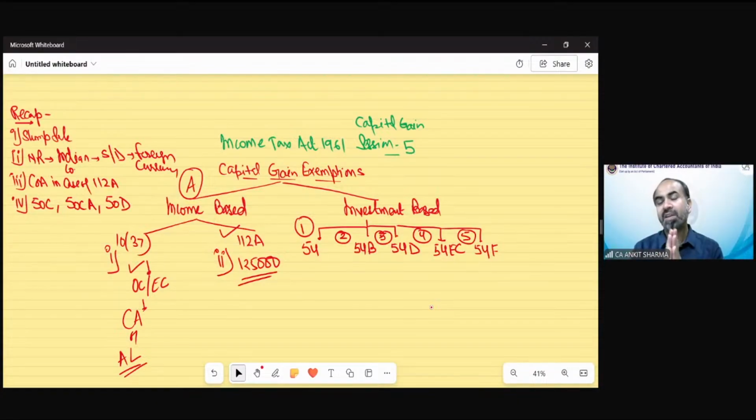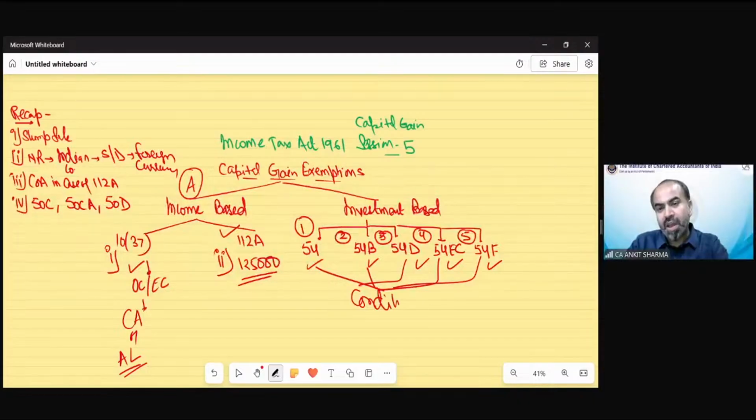So if you are having some capital gain after reducing your indexed cost of acquisition, your cost of acquisition, and you are going to invest the amount in these specific and different schemes, then you can get the exemption under this section. And all these schemes have certain conditions. So if you are able to fulfill these conditions, you can get exemption under the respective scheme.